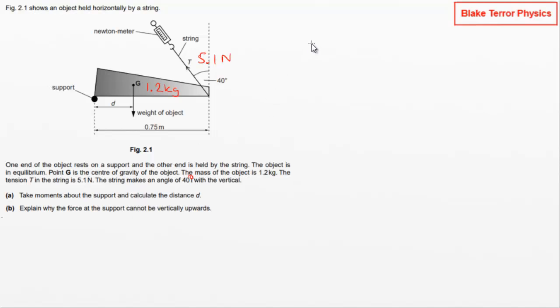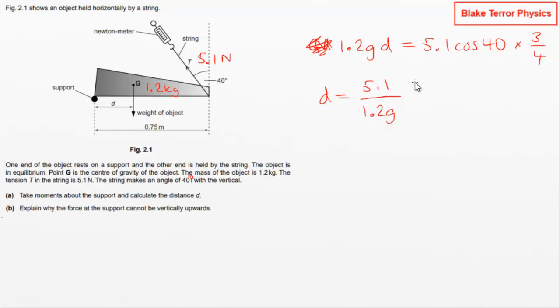Right, so 1.2 g, where G is the location of the center of gravity, multiplied by d, so little g multiplied by little d, is equal to 5.1 cos 40 multiplied by 3/4. So d is going to be equal to 5.1 over 1.2 g times 3/4 times cos of 40 degrees.